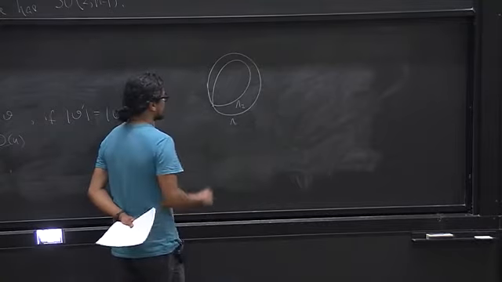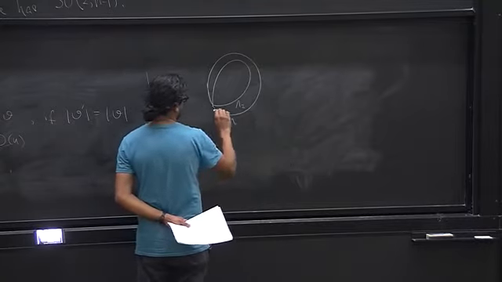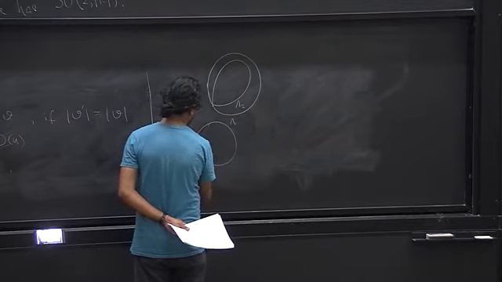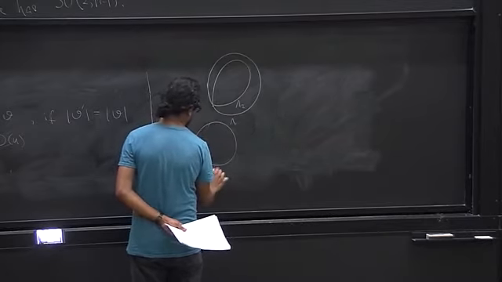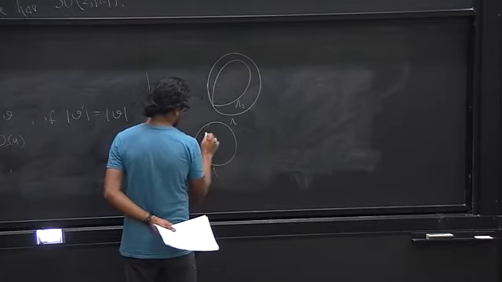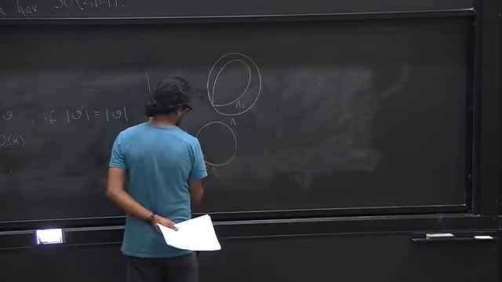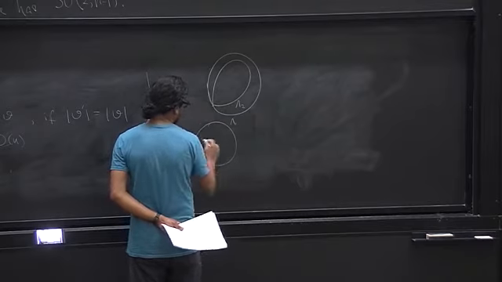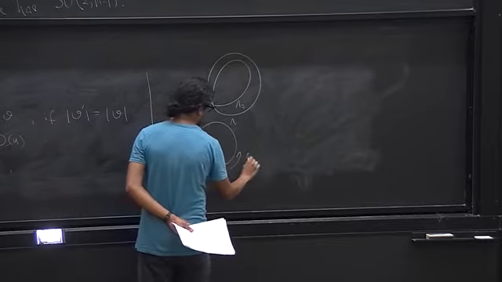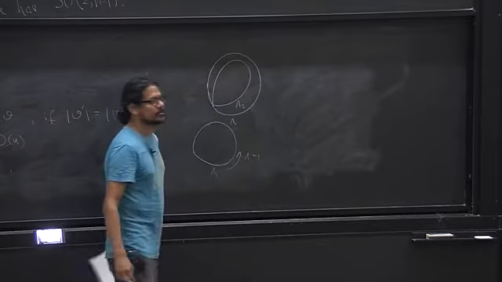And the group inverse is just this: if you parallelly propagate the vector in one sense, that's lambda 1. But if you parallelly propagate that vector in the opposite sense, going the other way, that will give you the inverse of that group element, and so on and so forth.